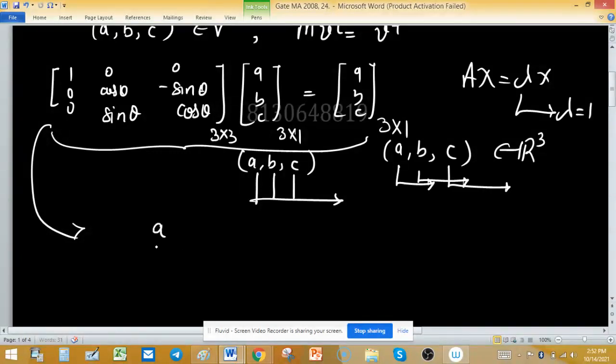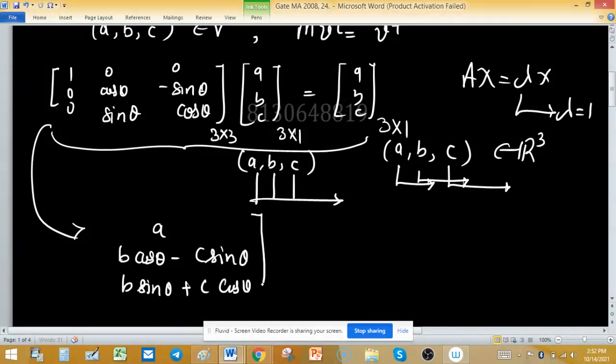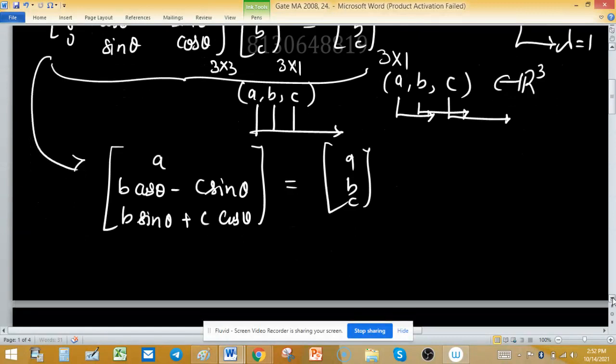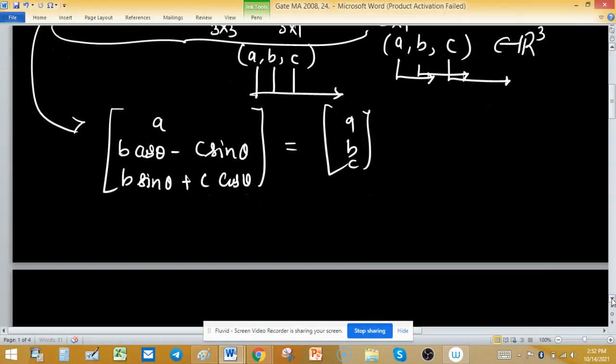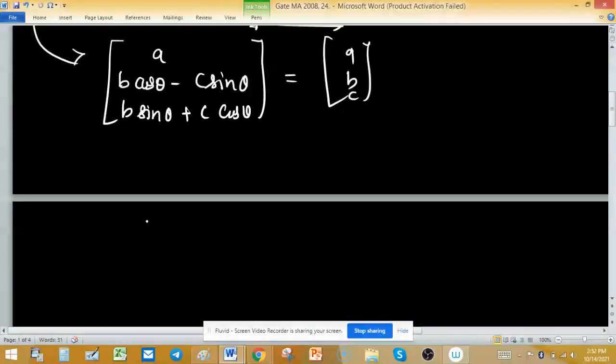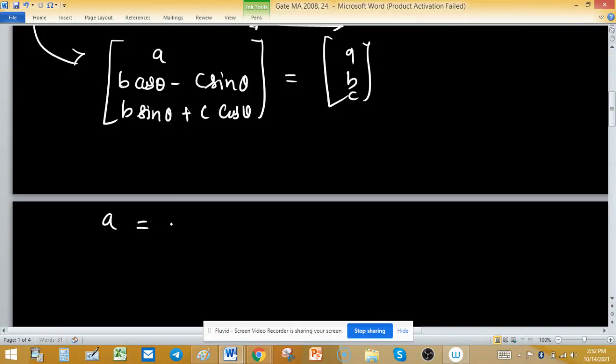So what we will get: A, B cos theta minus C sin theta, and B sin theta plus C cos theta, and this matrix is equal to the column vector A B C, and by the equality of two matrices I can say corresponding entries are equal.